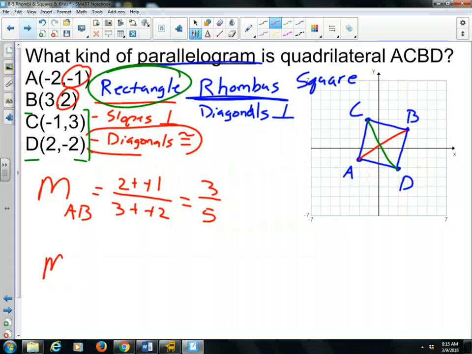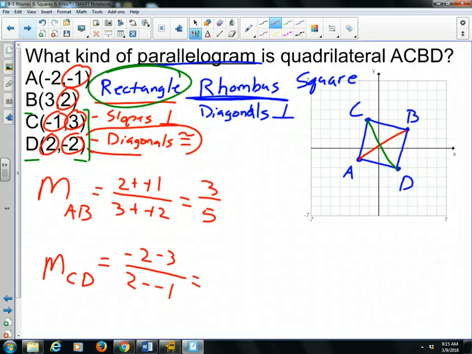Let's find out about the slope from C to D, and let's see if it's an opposite reciprocal slope. So from C to D, y2 minus y1, negative 2, subtract 3, over x2 minus x1, 2 minus negative 1. Negative 2 minus 3 is a negative 5. 2 minus negative 1 is 3.